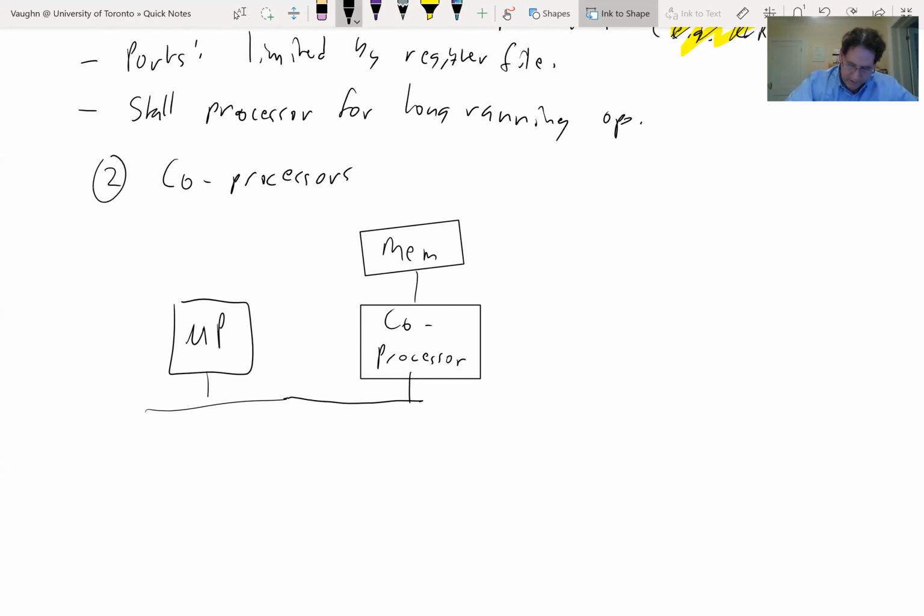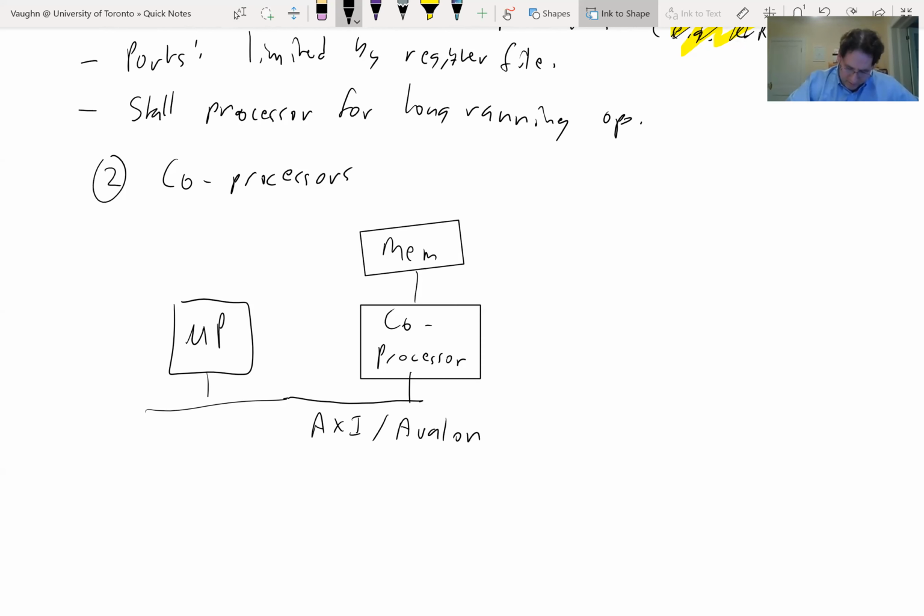So that could be block RAM on chip. It could be off chip memory. It could be both. So this could be a huge amount of memory if you want it. And we connect them not right into the processor pipeline as we did with the custom instruction. Instead, we connect with a bus.